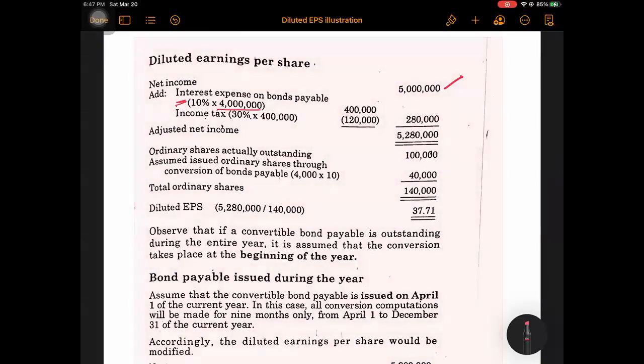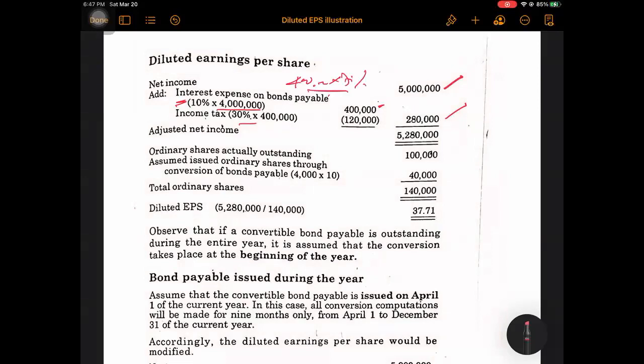That's still gross of tax. Then income tax of 30%, that's 400,000 times 30%, which is 120,000. Therefore, the interest expense net of tax is 280,000. You can also do 400 times 70% here so it is faster.